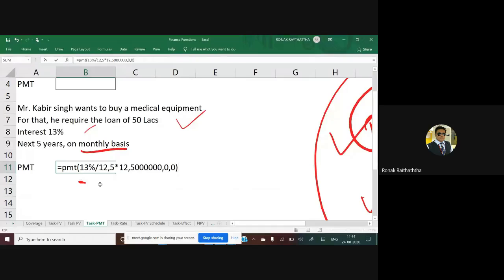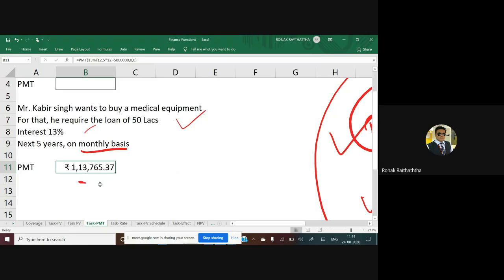Closing the bracket, pressing enter, and you have the PMT coming at 1,13,765. So let me put minus before this 50 lakhs. Let me do some jugaad with this Excel so that we have the answer in positive. Pressing enter. So it is coming at 1,13,765.37.